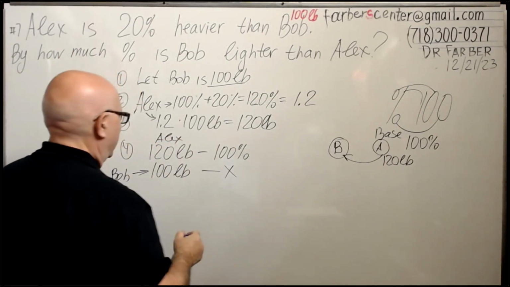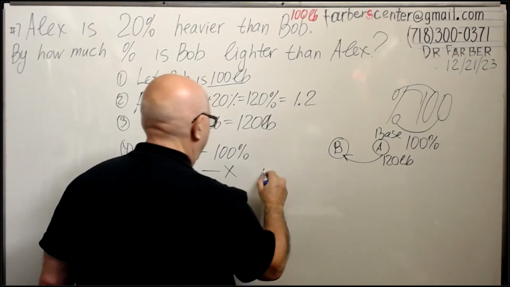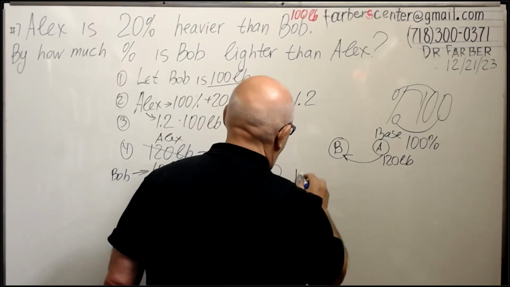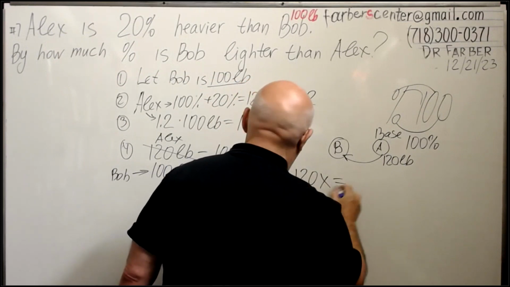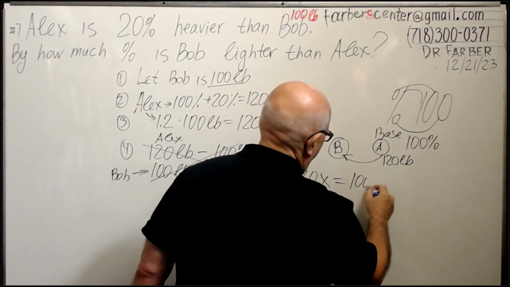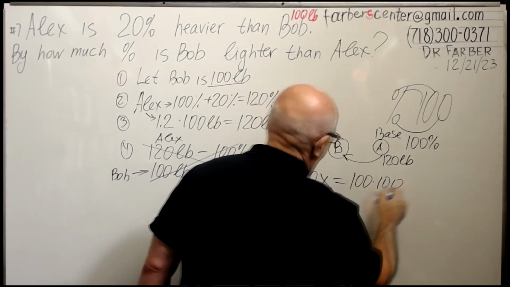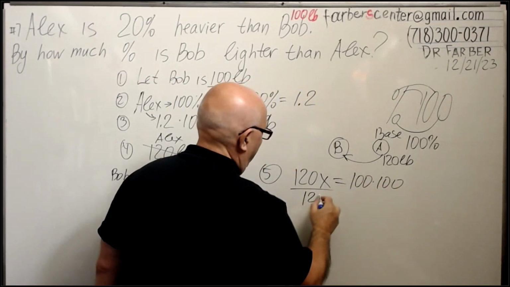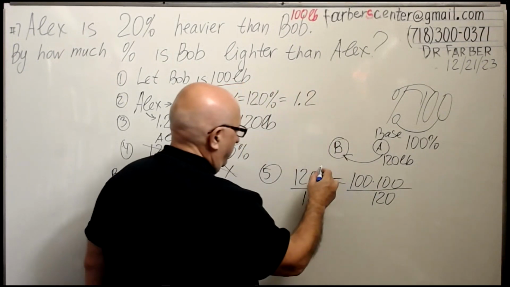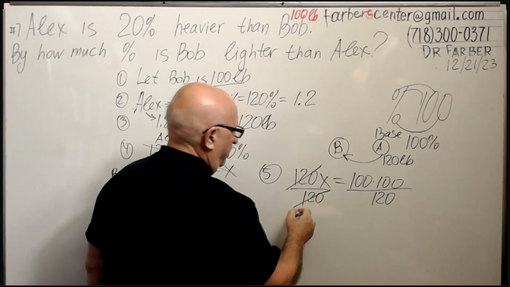Cross multiplication, step number 5: X times 120 equals 100 times 100. Divide by 120, by 120. Look at those slowly, 120, 120.